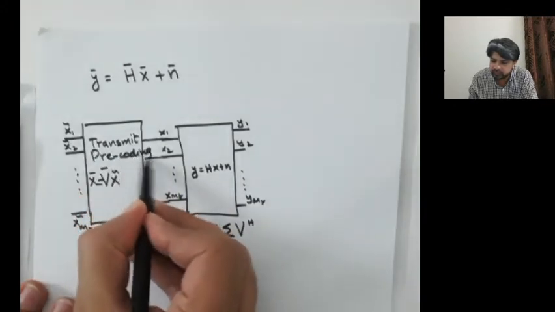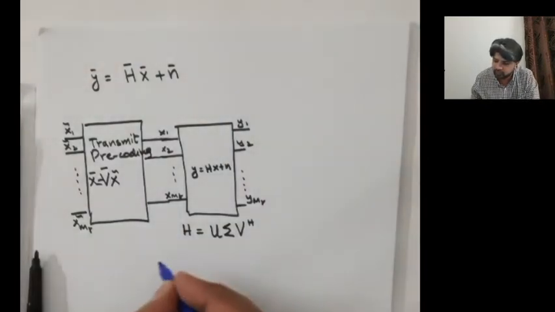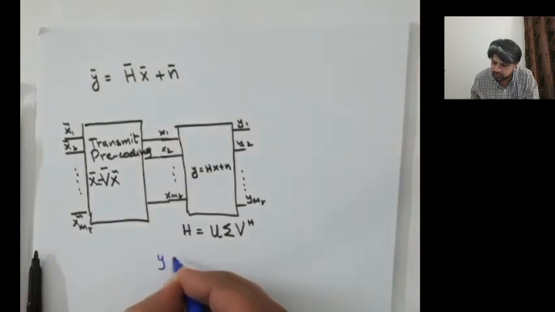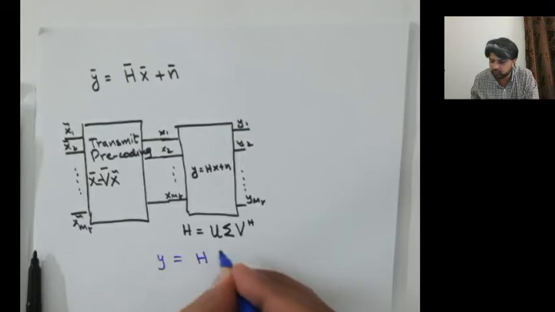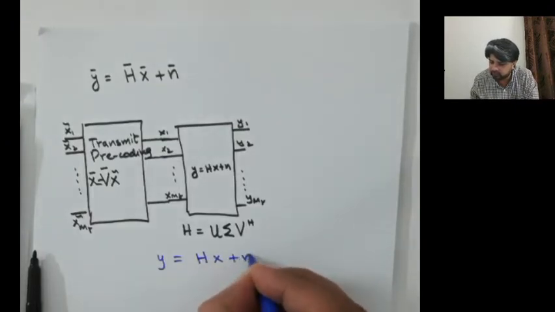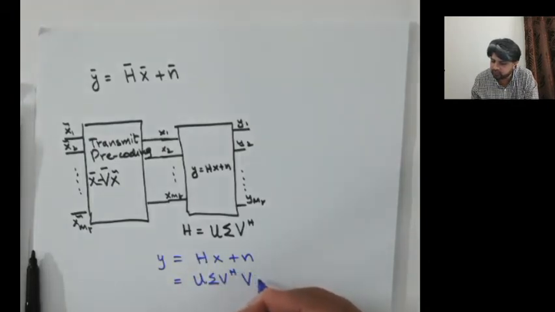And then at the receiving side, what you can do is reshape your signal. So you see the signal y, which is nothing but H, which is U sigma V Hermitian, times x plus n. Remember, H can be given as U sigma V Hermitian, and x is V times x tilde, where x tilde is the signal to be transmitted.